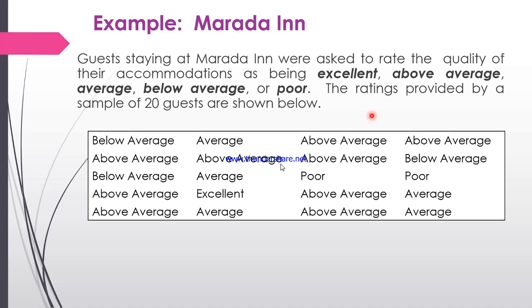Rate is not the variable, right? Here, what is the quality of the accommodation? Otherwise, if you want to write it in statement form, the quality of the accommodation of Marada Inn. That is your variable.